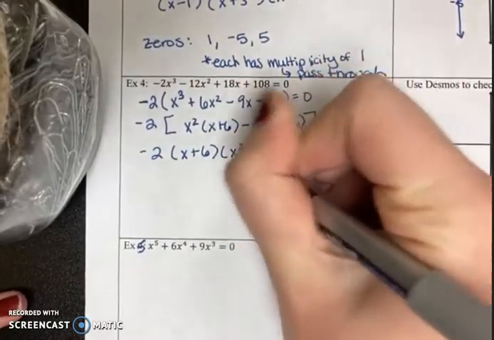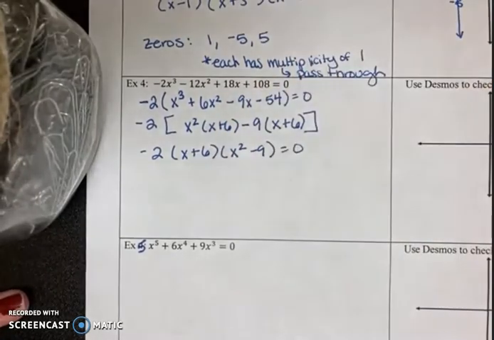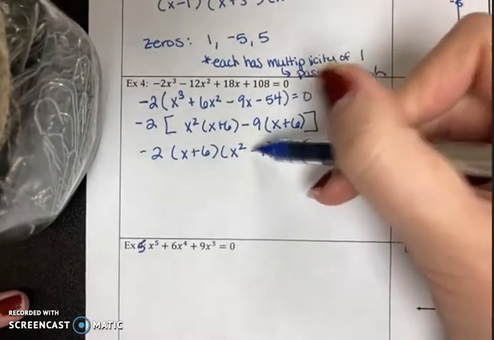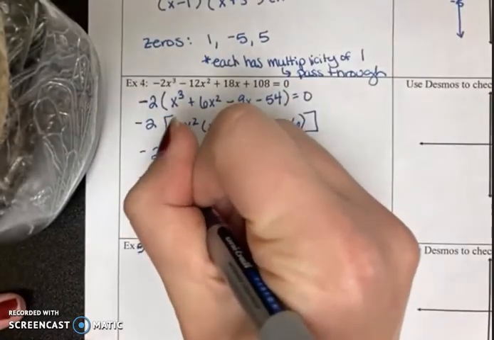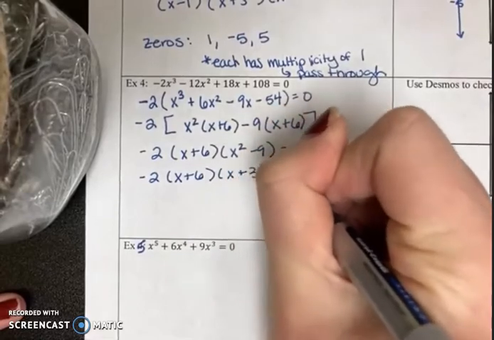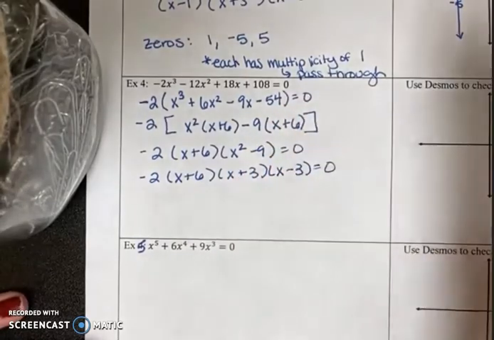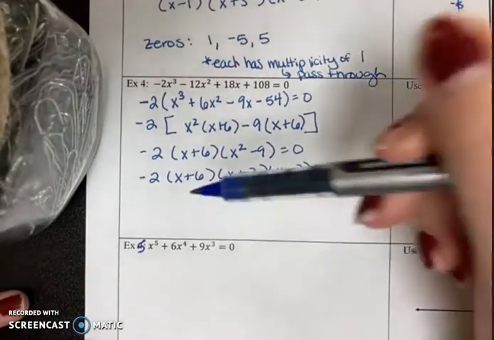All right, now we're able to rewrite this as negative 2 times x plus 6 times x squared minus 9. It is now a quadratic function right here, so we can factor further, and we must always factor further if we can. This is a difference of 2 squares, so my final factored form would look like this. We now need to set each term equal to 0.